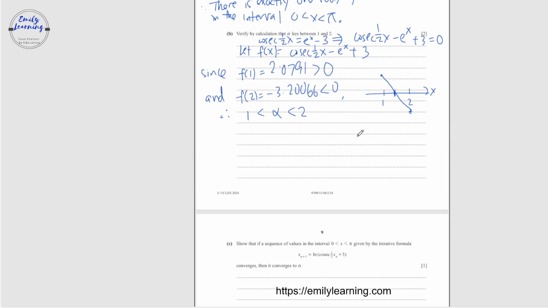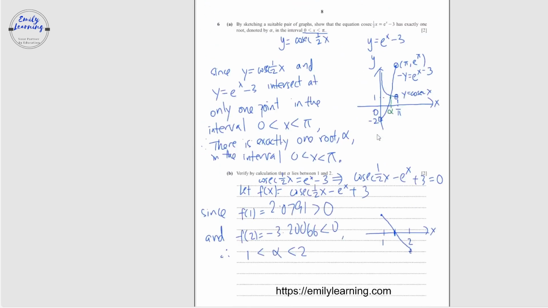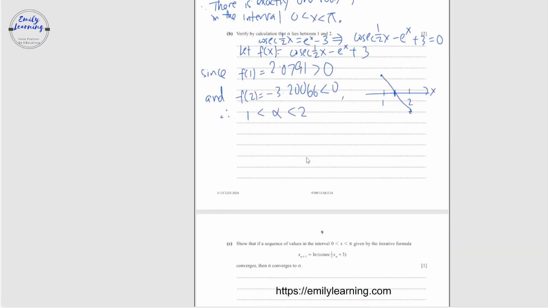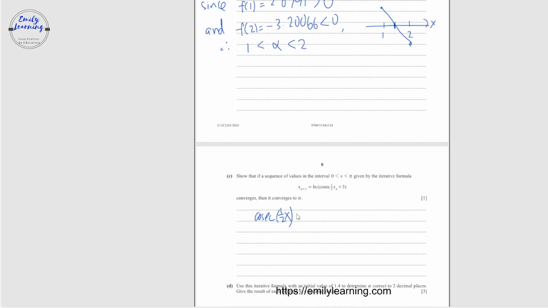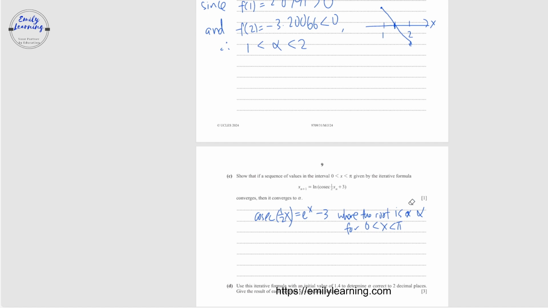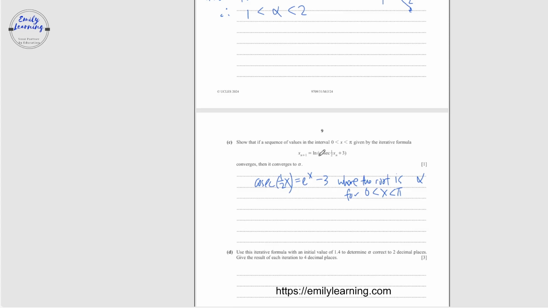So I'll start off by writing cosecant half x equals e to the power of x minus 3, where the root is alpha for x between 0 and pi.